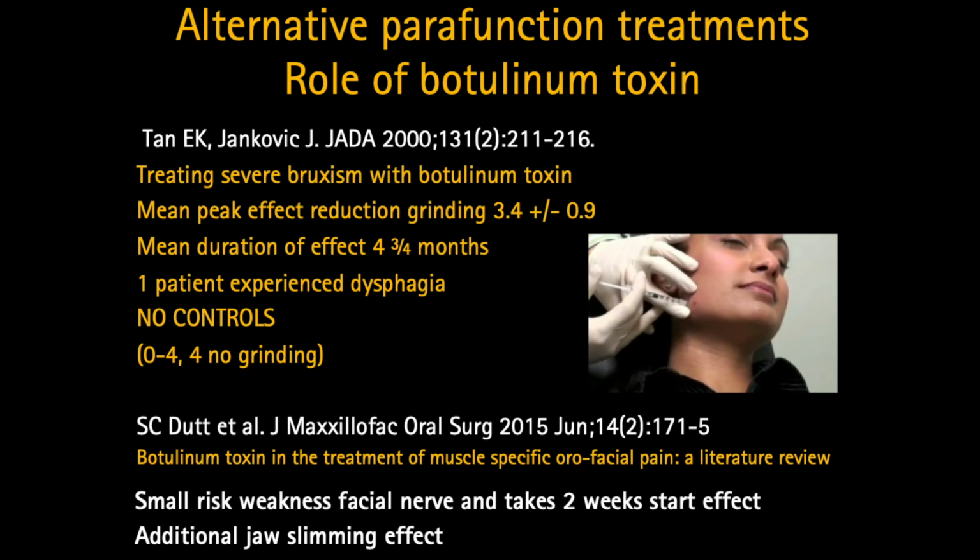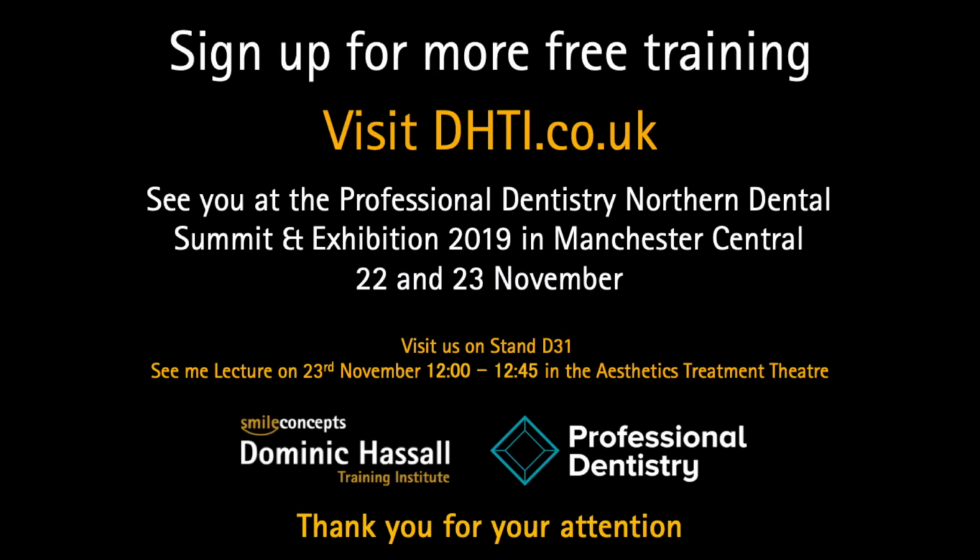We do find that the Botox in the masseter can be really effective at improving their quality of life, reducing their symptoms, but also, I've used this on patients who have restorative work, who've repeatedly fractured restorative work, and it has a protective role as well. So we'll look at some of these new treatments as well. We'll also look at treatments such as Cerezen and treatments such as that as well.